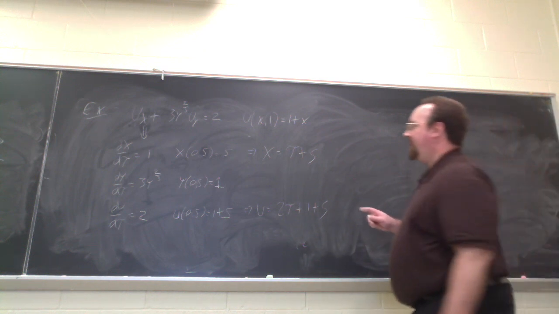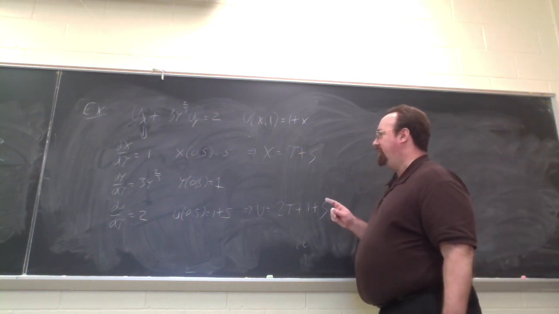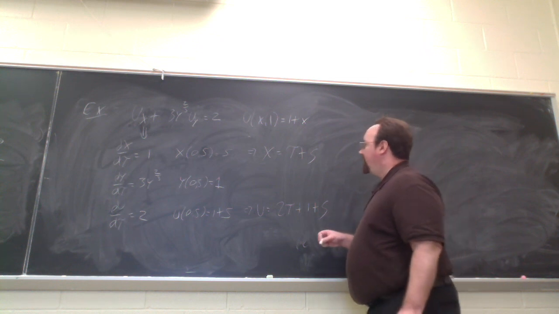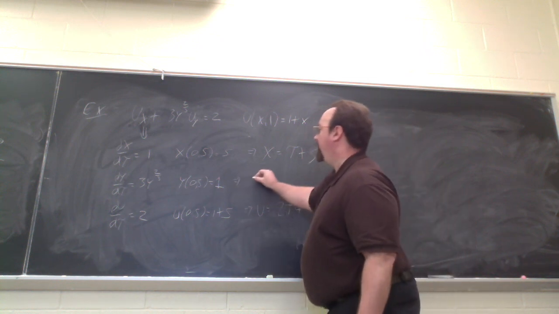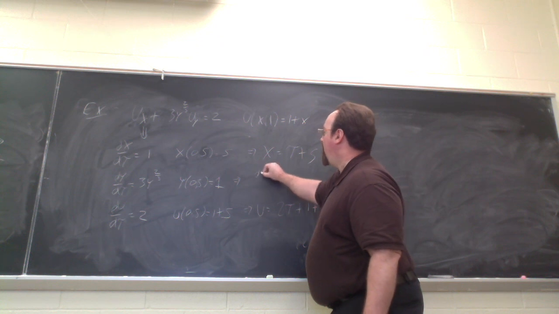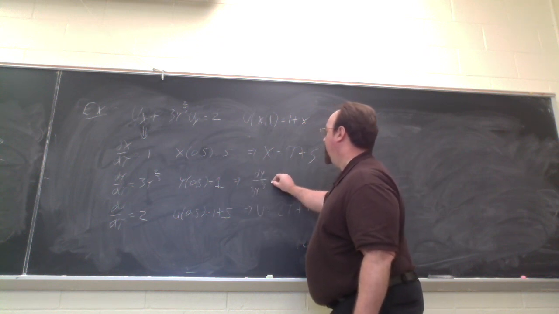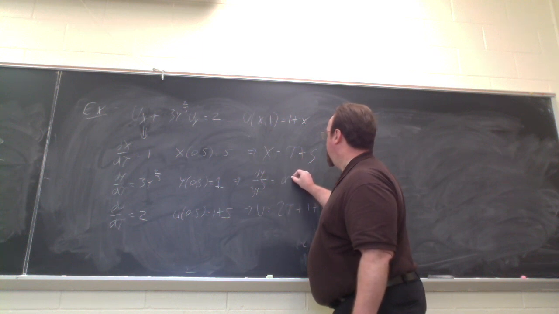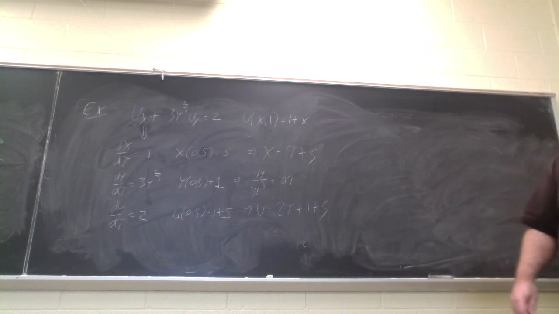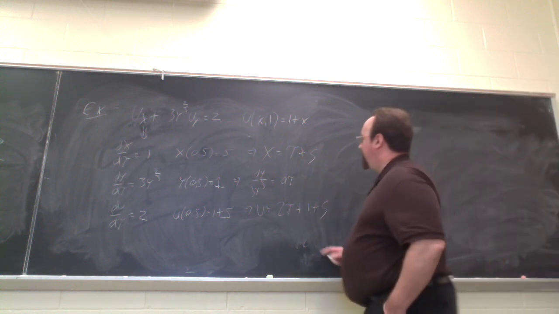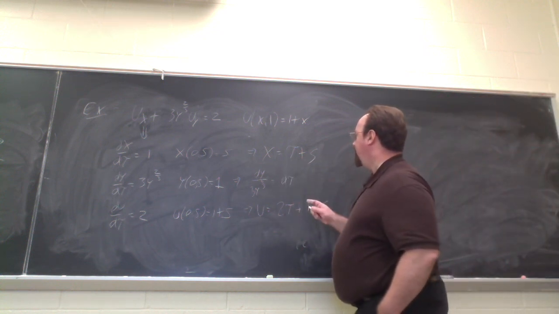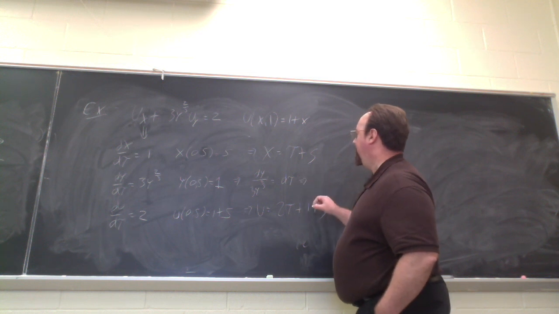This is a nonlinear equation, but it's separable. So I have dy over 3y to the 2/3 is equal to d tau. So what I'm going to do is I integrate both sides.